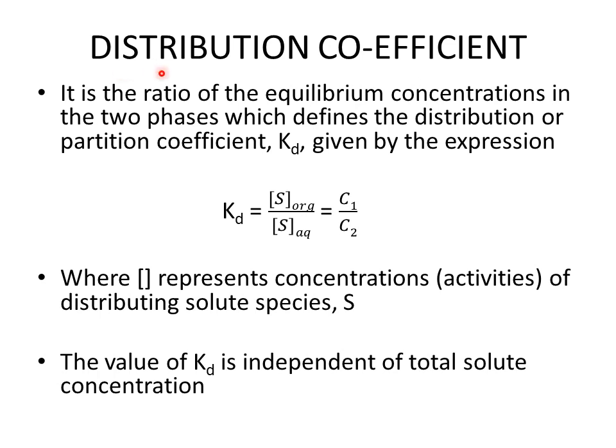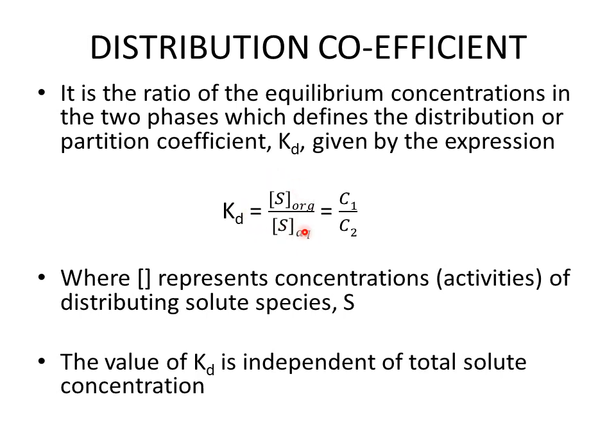Another term used is the distribution coefficient. So what is this? It is the ratio of equilibrium concentrations in the two phases, which defines the distribution or partition coefficient, Kd. So at equilibrium, it is the ratio between the concentration of solute in the two phases. It is represented by Kd and given by this expression: Kd is the concentration of solute in the organic phase divided by the concentration of solute in the aqueous phase.